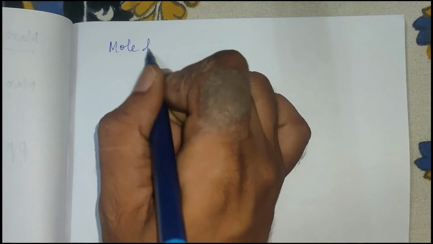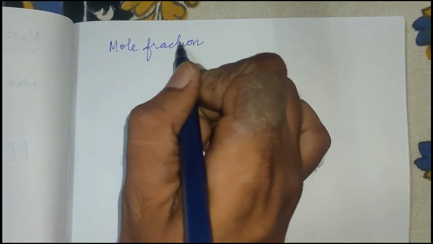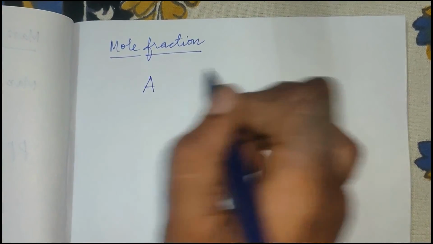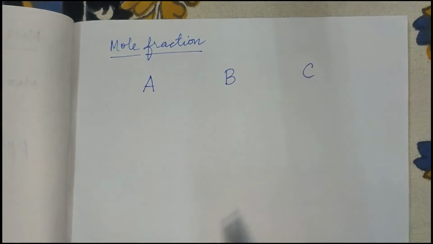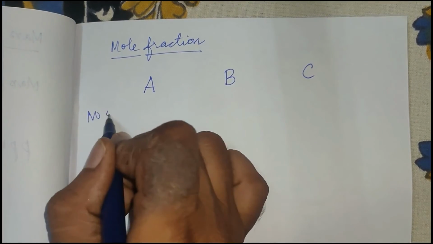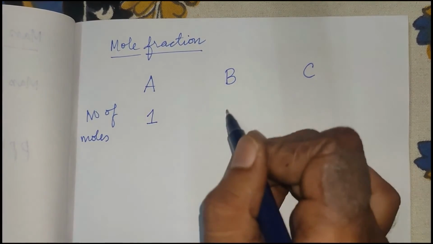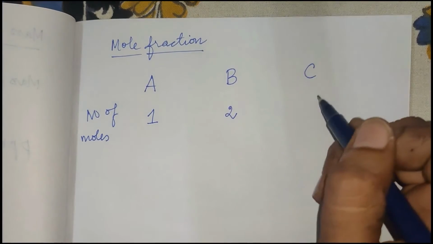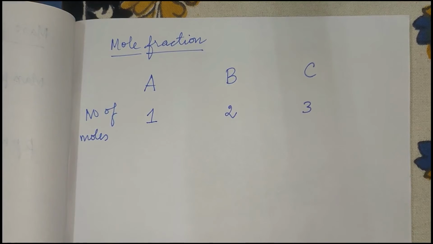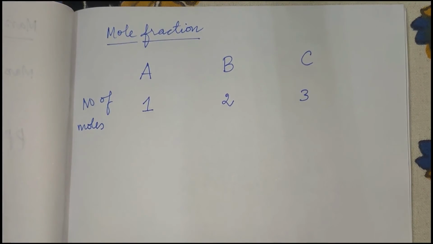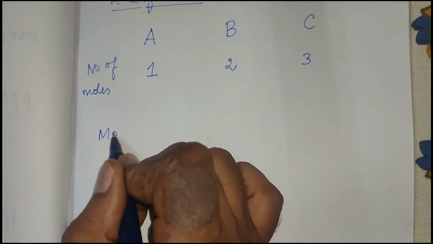Next topic is going to be mole fraction. I am going to give an example for a better understanding. For example, we have three components, A, B and C. The number of moles of A is going to be 1, for B it is going to be 2, and for C it is going to be 3. Now, I want the mole fractions of A, B and C. What is the formula for mole fraction?